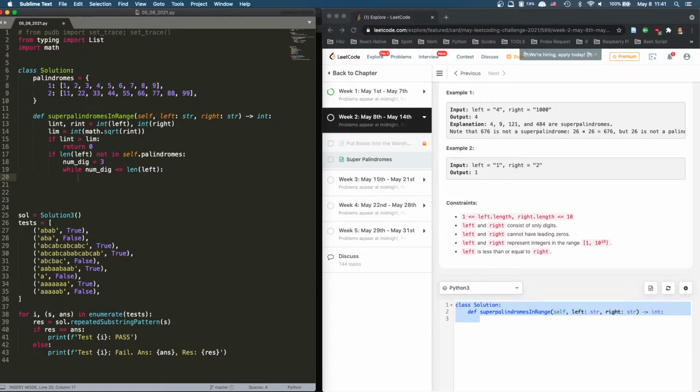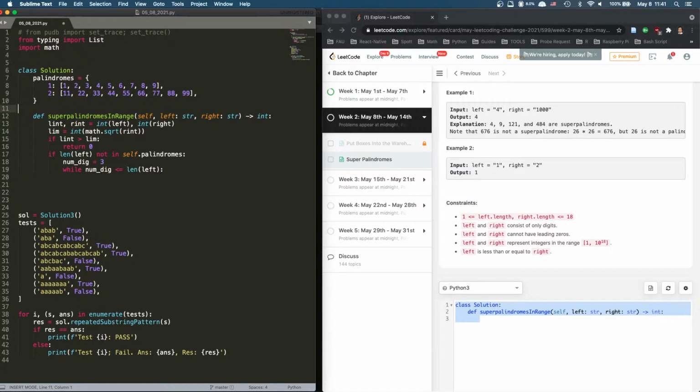And actually, this is the palindromes, right? We should also have another one. Yeah, we should have another one that, you know, we have a palindrome that we want to build up every time.